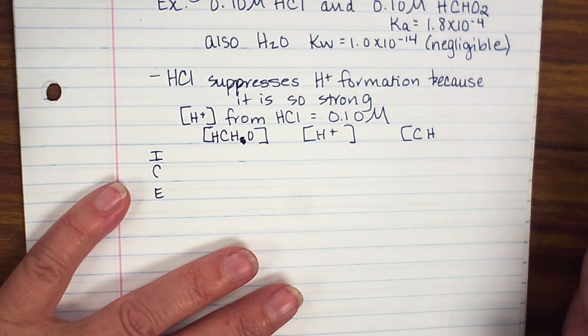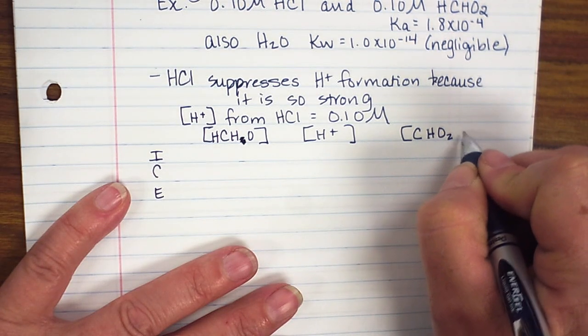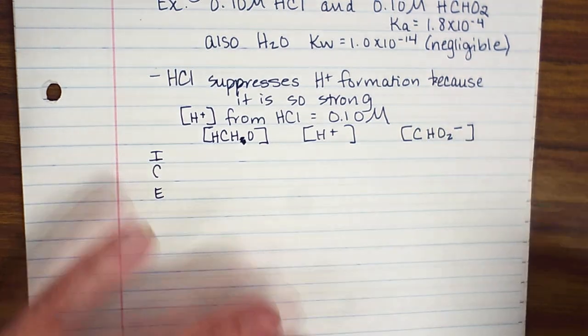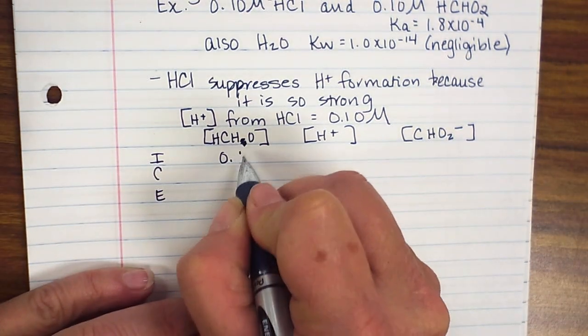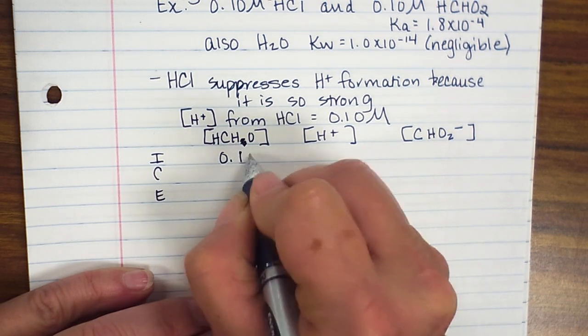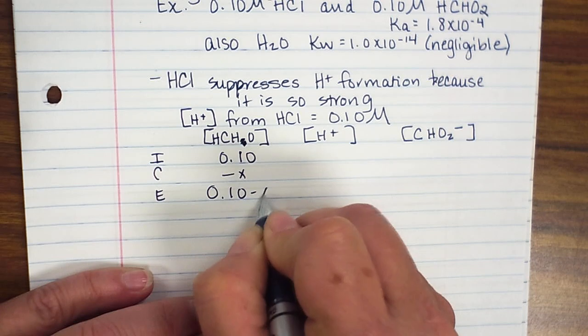Is there an H in the formic acid? No. O2. There you go. All right. So this one is super easy, right? 0.10, 0, and then minus x and 0.10 minus x.